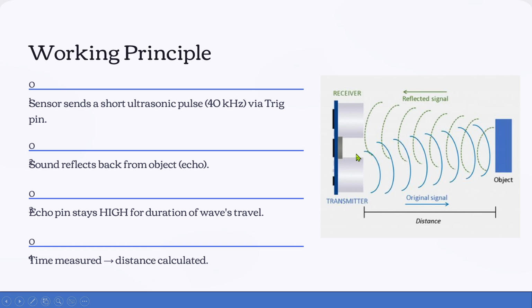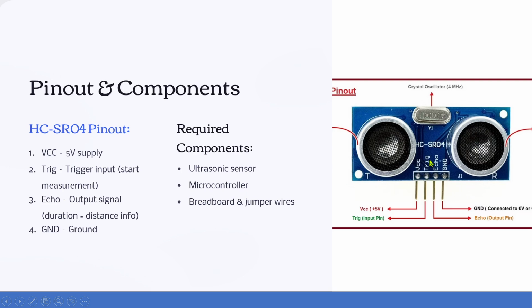Echo is going to produce a sound wave, which goes through the air medium until it reaches the object, then the sound is reflected from the object to the receiver. So the receiver should be the input, that is the trig pin. Here, trig is the receiver. Hope you understand that.